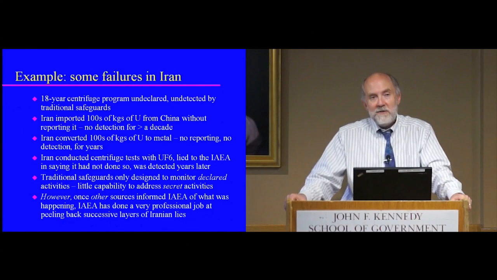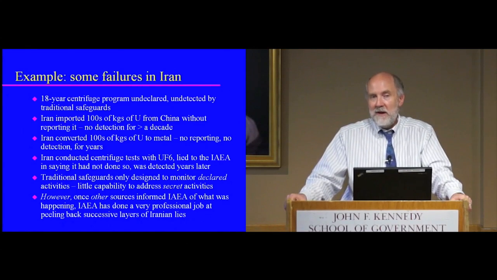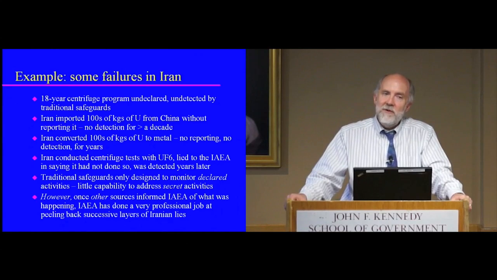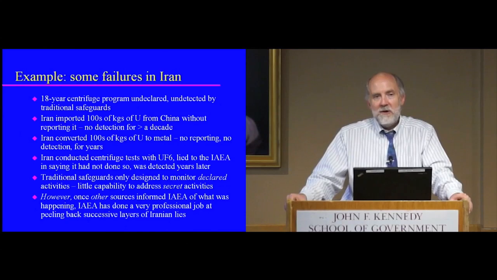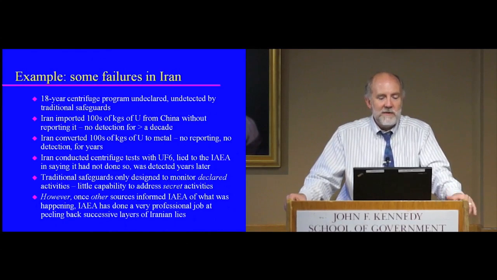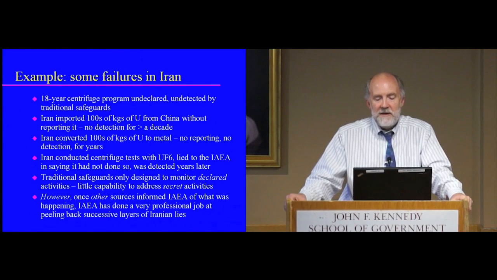They converted hundreds of kilograms of uranium to metal, and metal is only used for a very few civilian purposes. It's mainly used for making nuclear weapons components. They weren't yet ready to make nuclear weapons components, but they were apparently learning how to work with uranium metal. And there was no reporting of that, no detection of that for years.